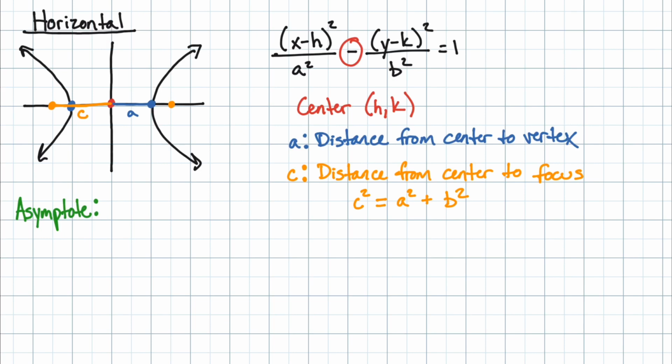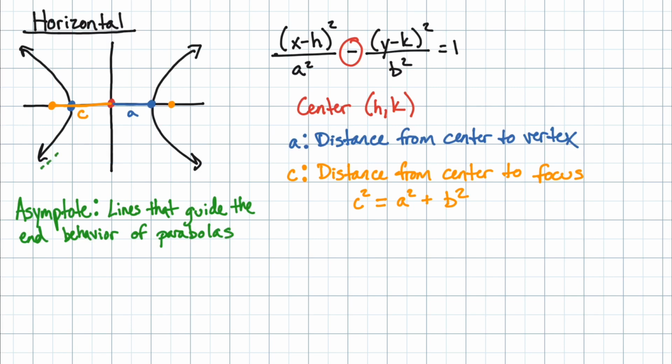Basically, an asymptote, in this case, is going to be lines that guide the end behavior of the graph of the parabolas.